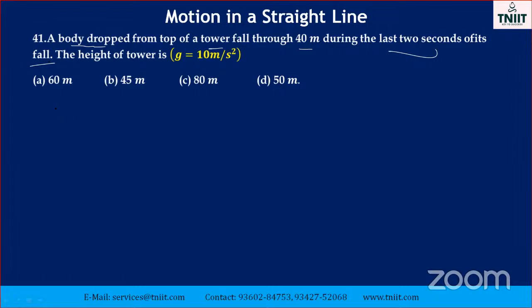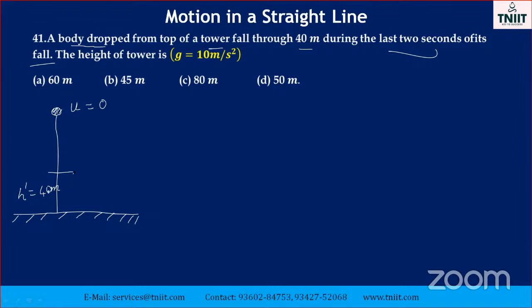Since the object is dropped from the top of the tower, the initial speed will be 0. Now, this object is going to be dropped down. It is just going to be dropped down with what height? 40 meter. But that 40 meter is the height. Let it be h dash. 40 meter.